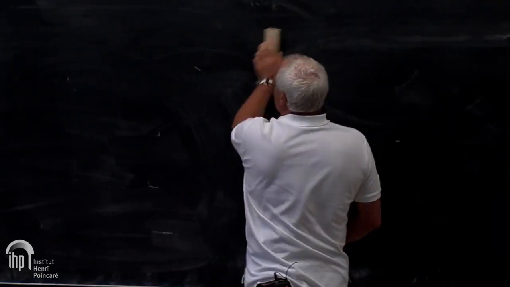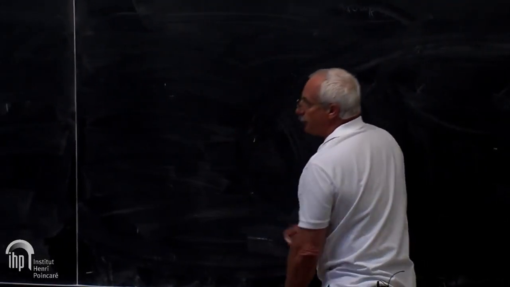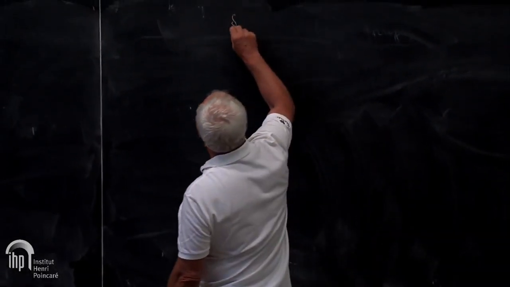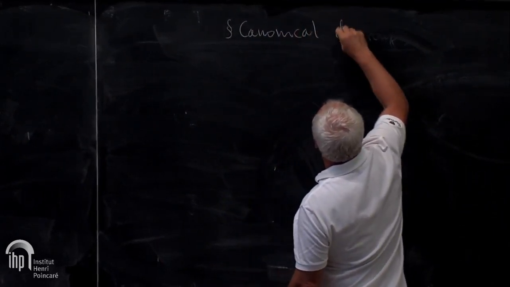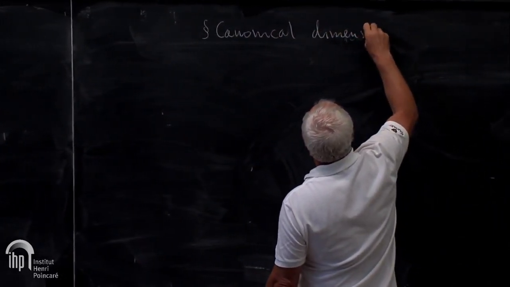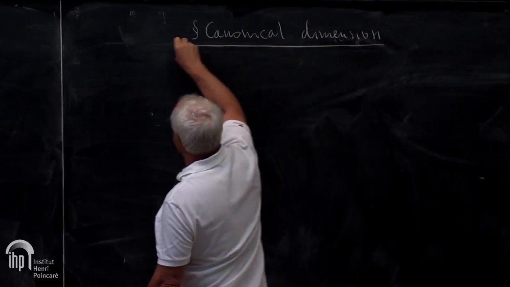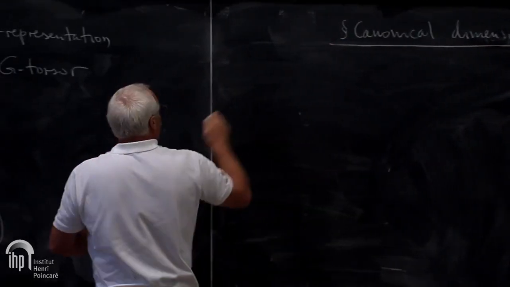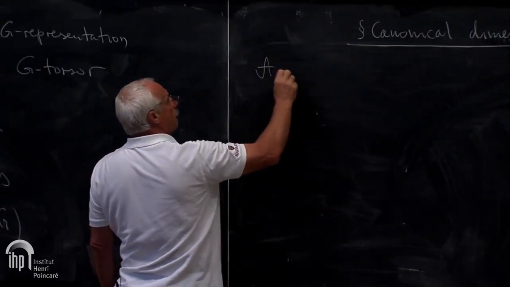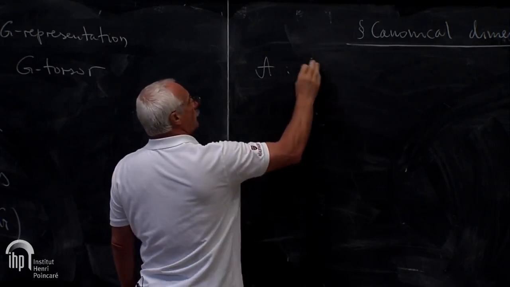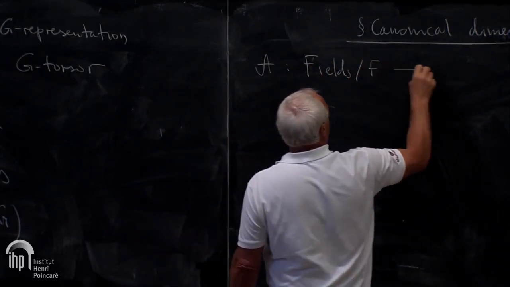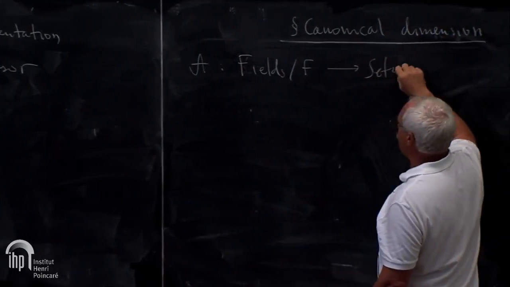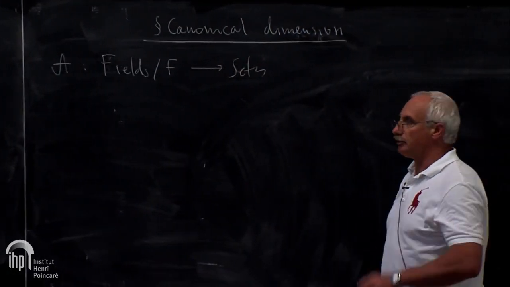Well, there is a special case of the essential dimension called the canonical dimension. So we take a functor A from fields over F to sets, and then we collapse this functor in the following sense.